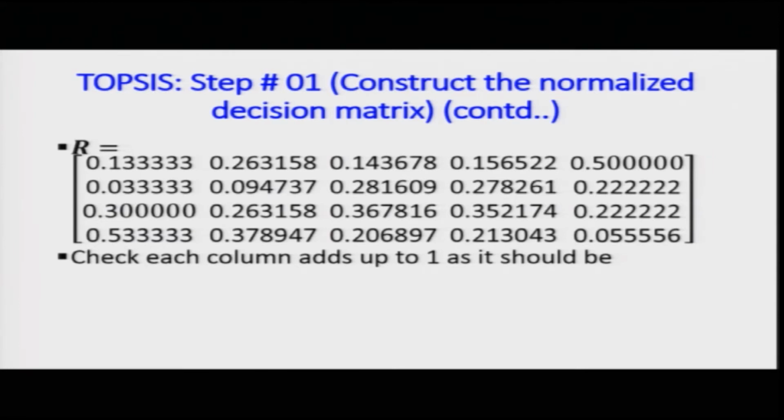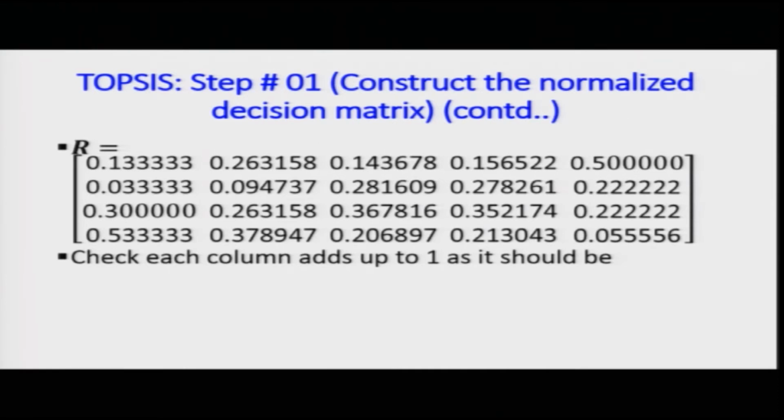Technically, what would these values mean? These values mean that on a normalized scale of 1, if you consider the first column, the total benefit coming from criteria 1 is 100. Out of 100, alternative 1 is getting about 13%, alternative 2 about 3%, alternative 3 about 30% and alternative 4 about 53%. So if there are resources, they are being distributed in the ratio of 13 to 3 to 30 to 53.